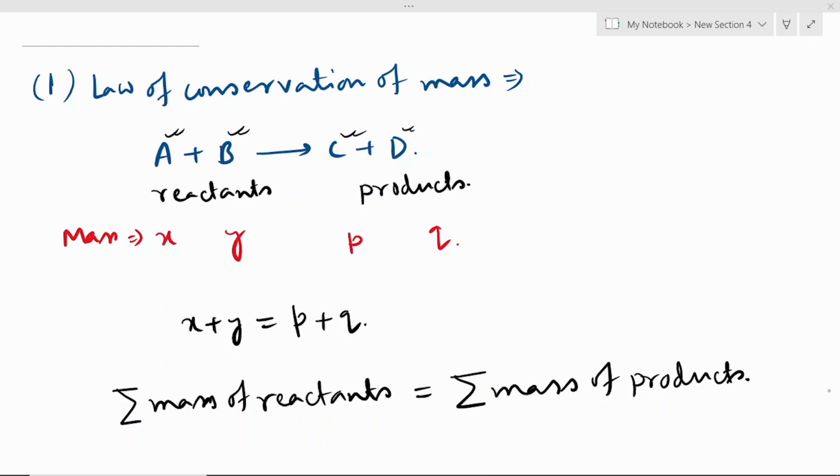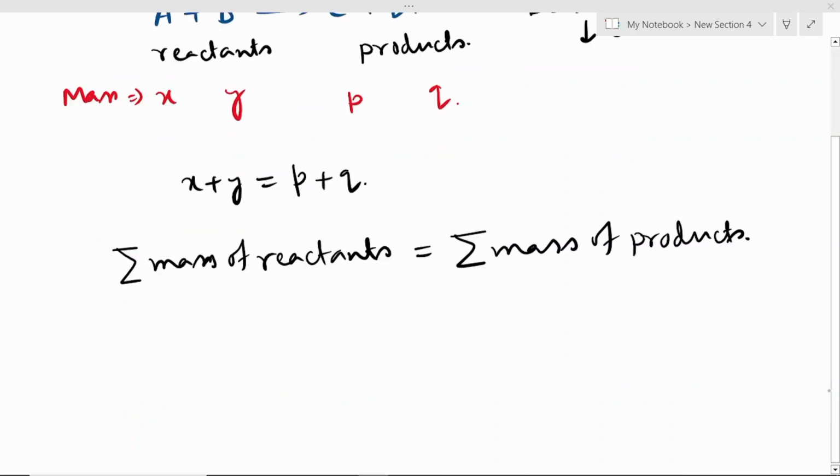We know the relation E equals mc square, where m is the mass and c is the velocity of light, and the mass which reacted will be converted to this energy, which is absorbed or released as heat. So the mass of the reactants will not be the same as the mass of the products.